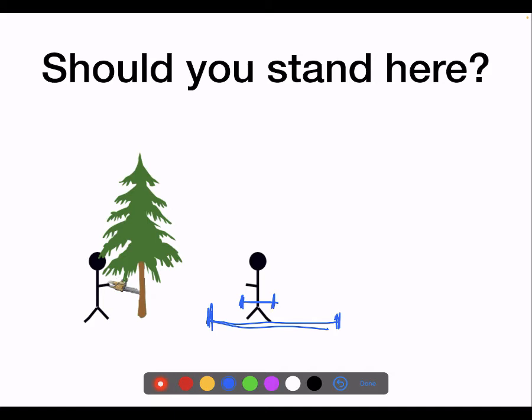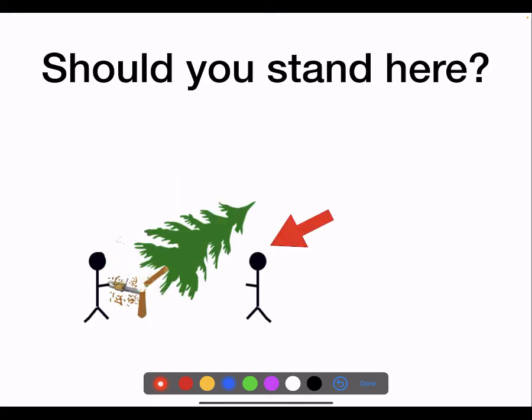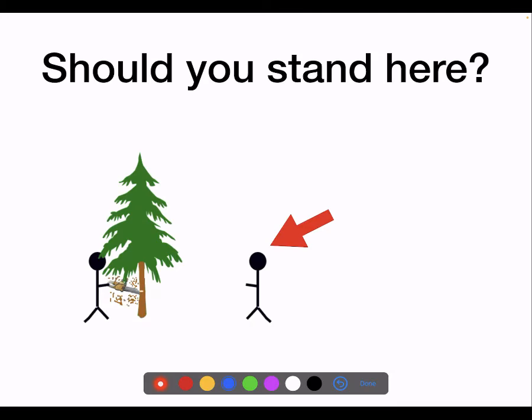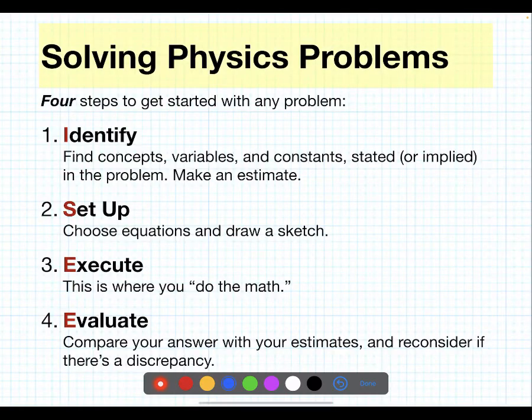So here to here would also be bad. If you can figure out that the tree will land between here and here, that's good. So that's just the general ideas of what we need to know about measurement. And if we're measuring the tree, how good are our measurements? Because that's what tells us if we have something that looks like this or something that looks like this. So, turns out this person should not have stood here.